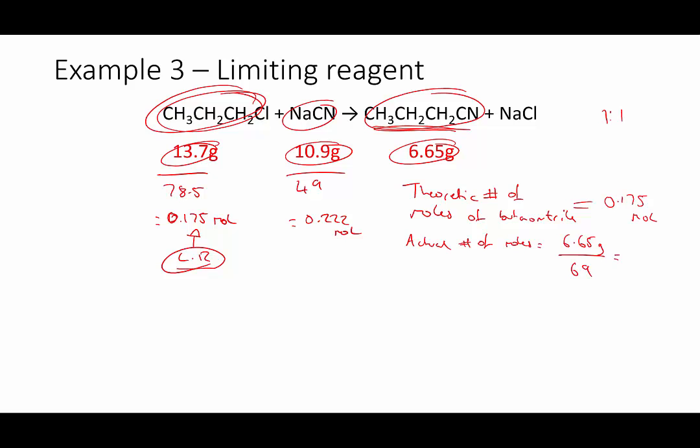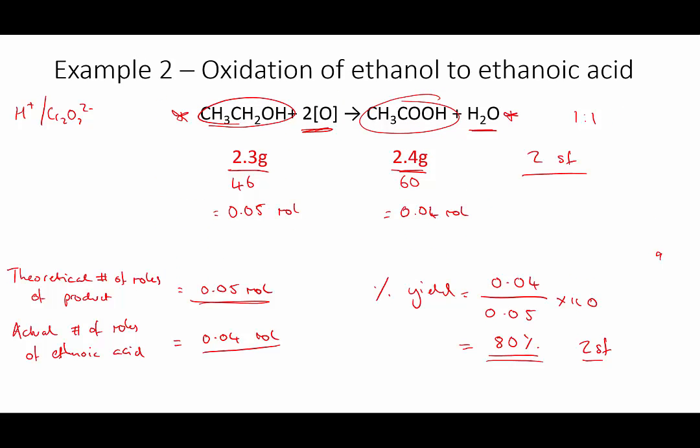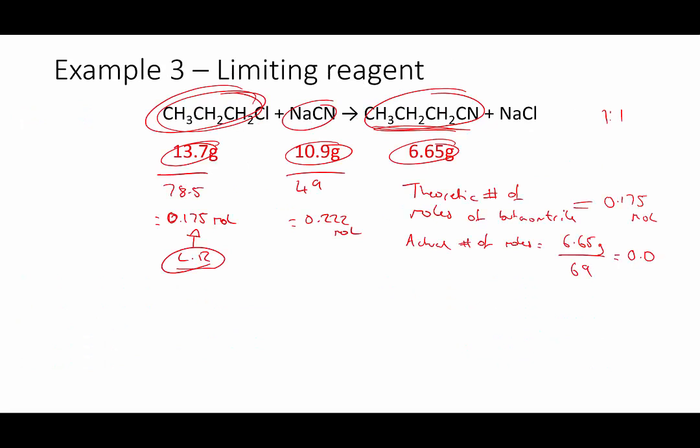Let's get this stuck into a calculator, and you should get 0.0964 mole. So now we've got the actual number of moles, and we've got the theoretical number of moles. Let's look at the percentage yield.